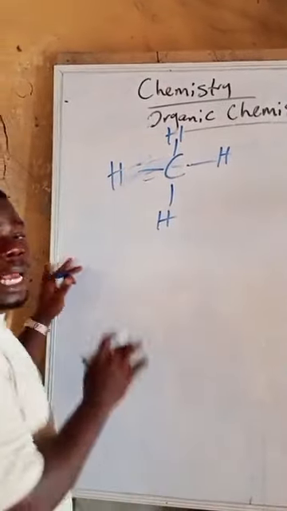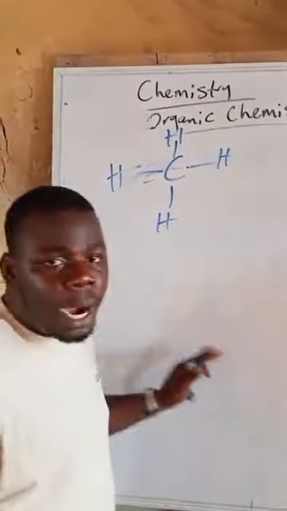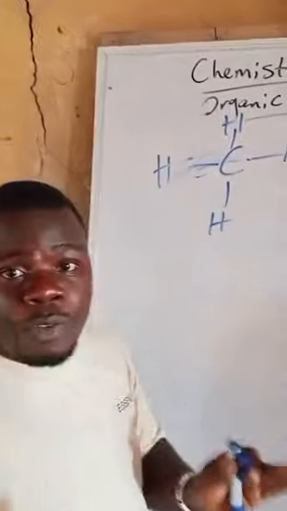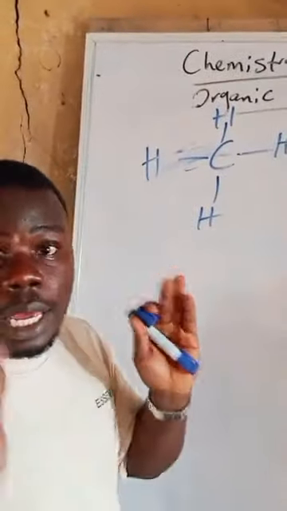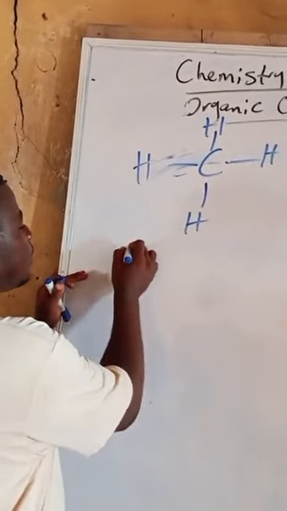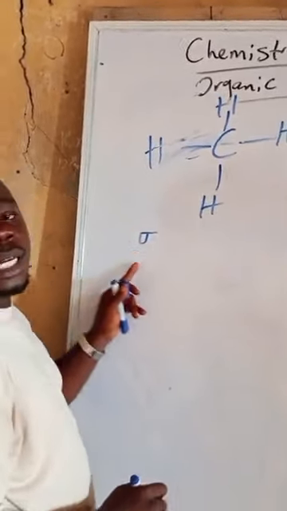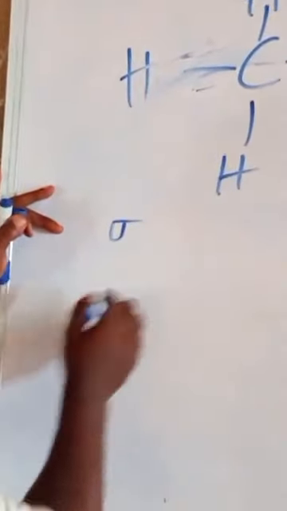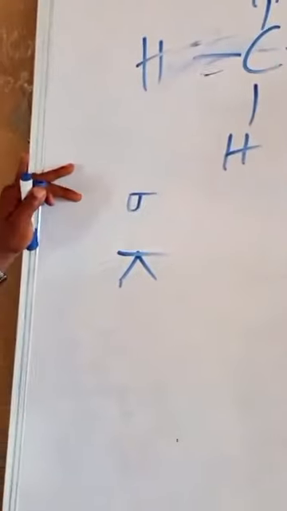Alkanes do not contain any pi bond, right? But one of the bonds is equivalent to what? To a sigma bond. Sigma bond is designated like this. The pi bond is designated as your normal pi, right?